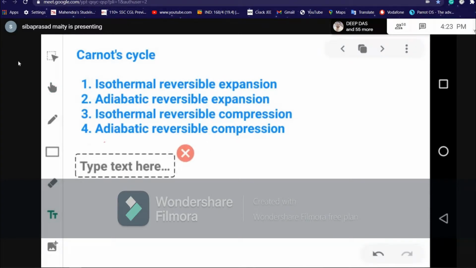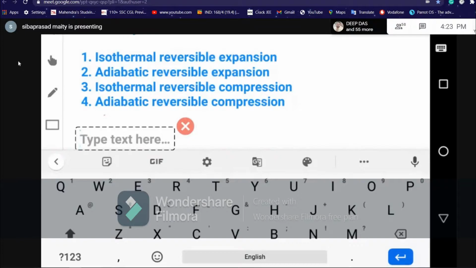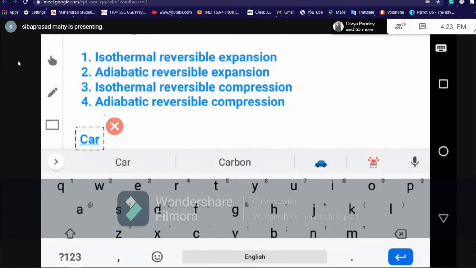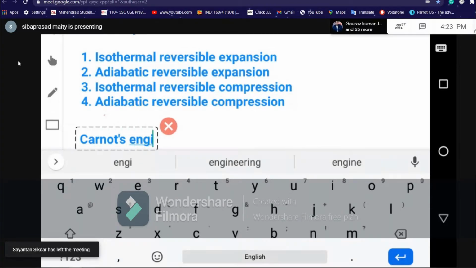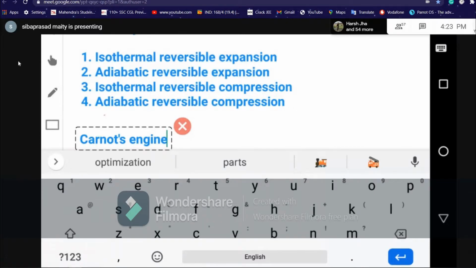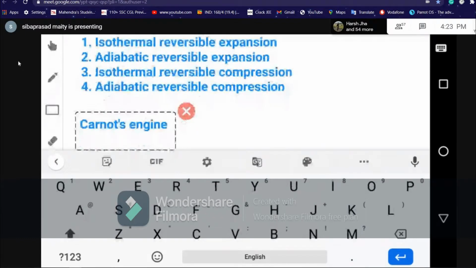Carnot proposed this cyclic process for Carnot's engine. Carnot's engine was allowed to undergo these 4 steps. What is Carnot's engine?